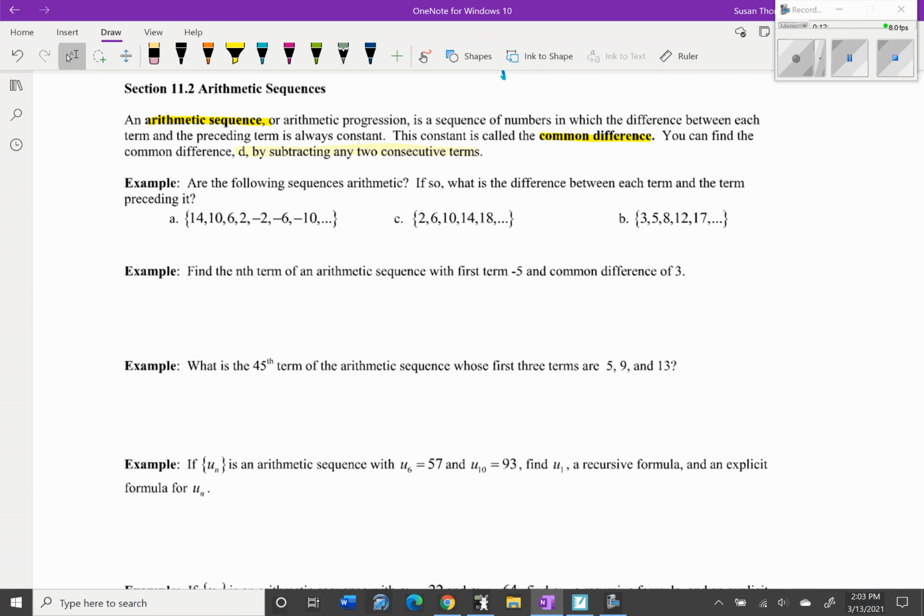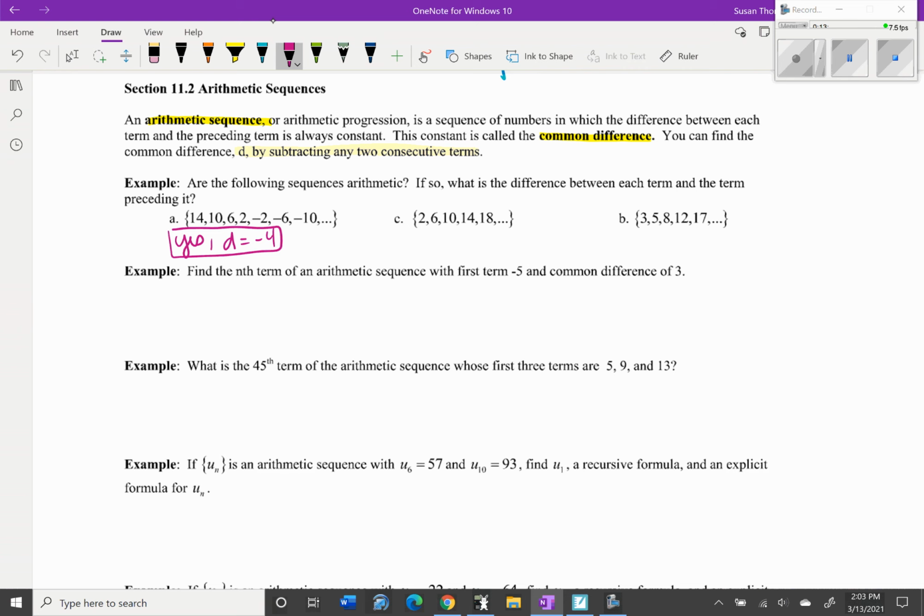So looking at this first one, you have to look at each term. If you were to subtract each of the terms, 10 minus 14, 6 minus 10, 2 minus 6, etc., you would get a common difference of negative 4. So yes, this is arithmetic, and the common difference is negative 4. So looking at the next one, same thing.